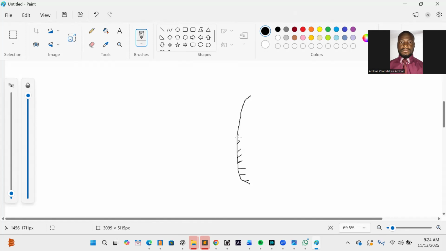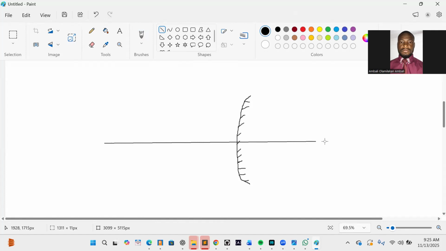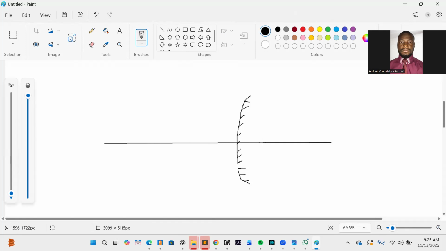Irrespective of the location of the object, aside from the one at infinity, the image is still the same. That's why we don't even put points like C here. You cannot say that the object is at C or outside C like we did for the concave mirror. It applies to any place where the object is located.